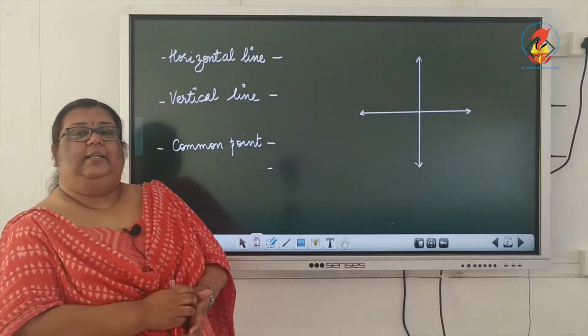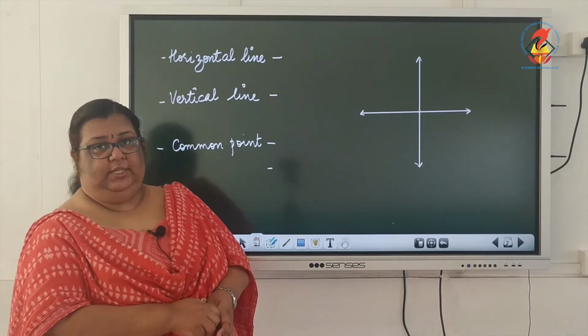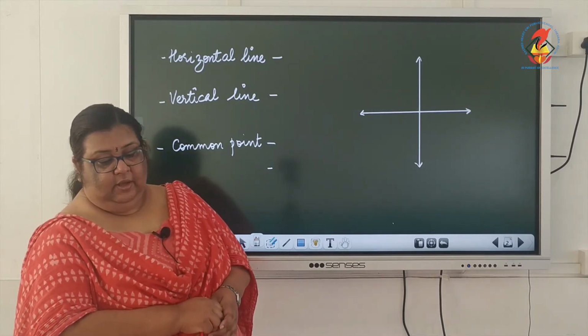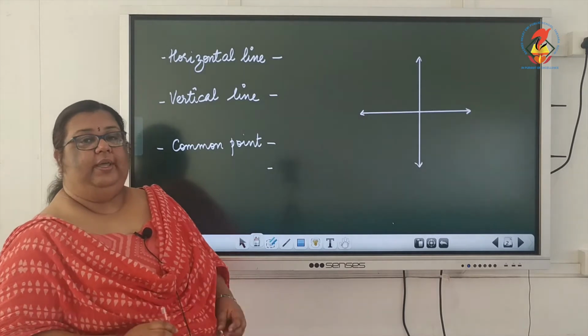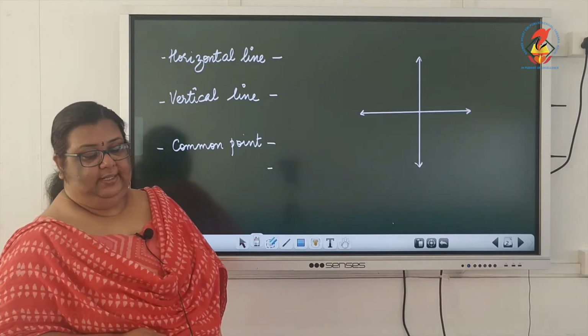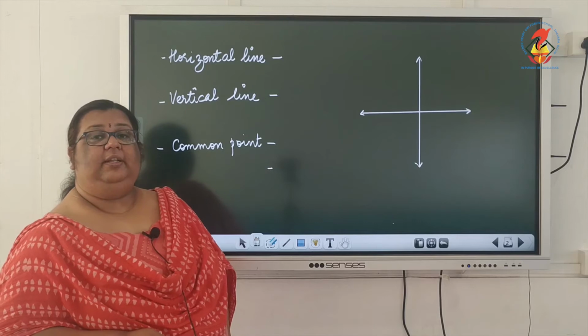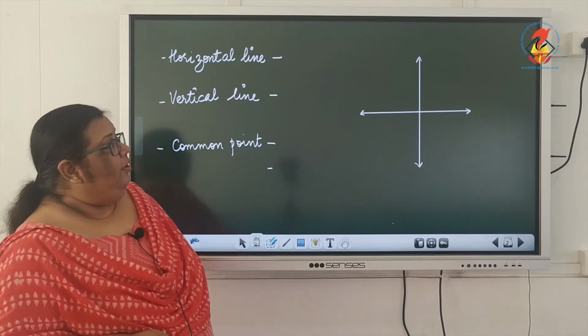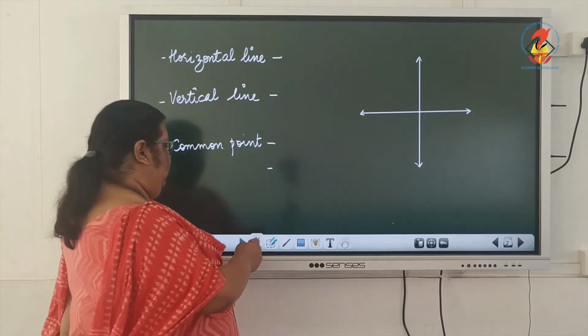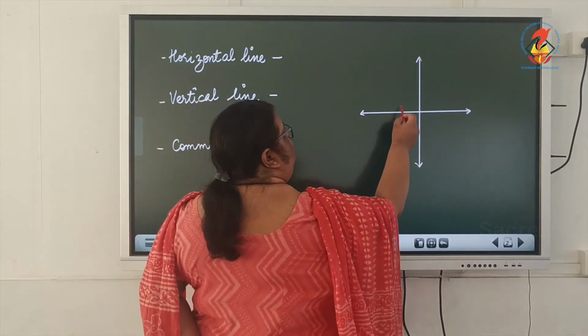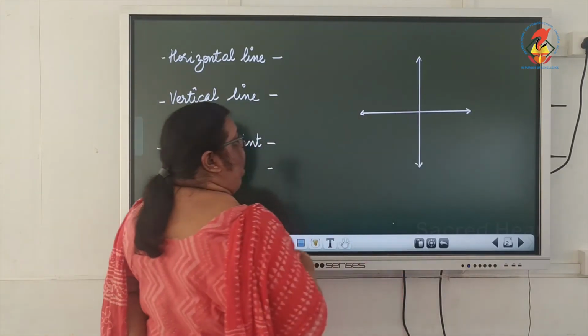To locate the position of an object or a point on a plane, we require two perpendicular lines. One is horizontal and the other is vertical. I have drawn a vertical line as well as a horizontal line here. You can see.